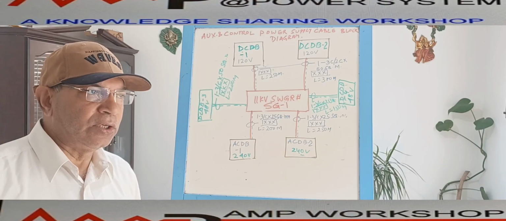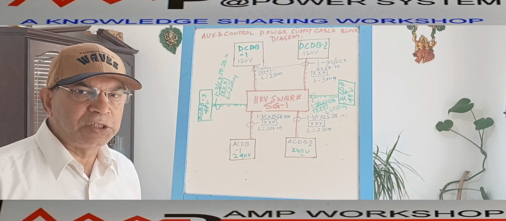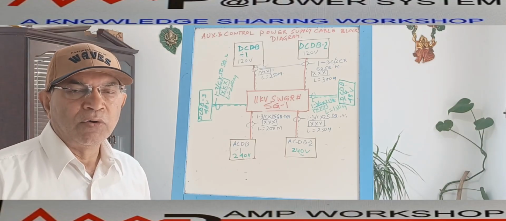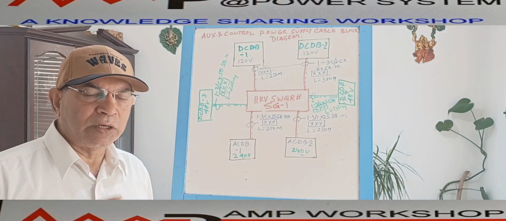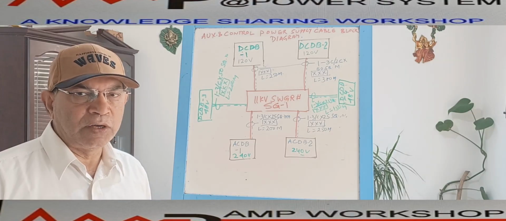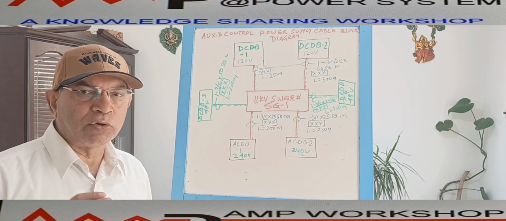In addition to this, we have seen that in this 11 kV switchgear, in each panel there are certain devices which need AC power. You have already discussed that switchgear has two parts: one is a power section, another is a control section.